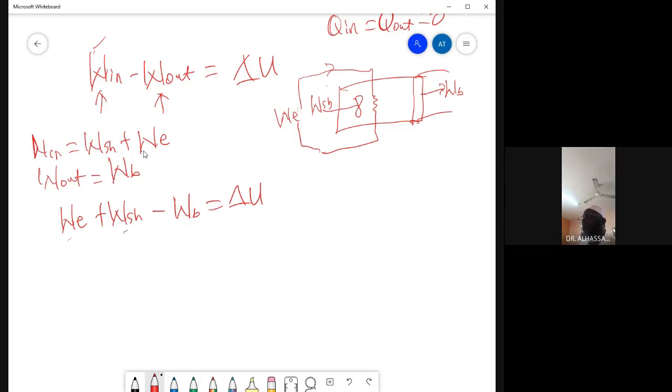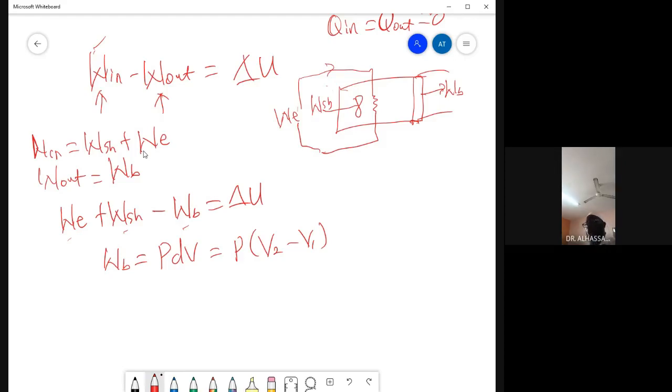Shaft work we know already. Boundary work, what is the equation for the boundary work? Boundary work is defined as PdV, and this equals P times (V2 minus V1).